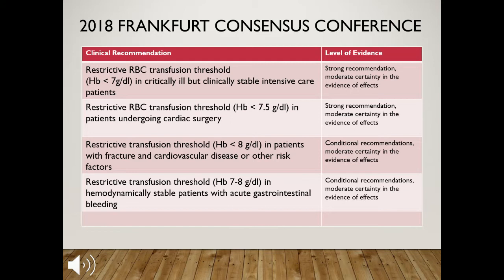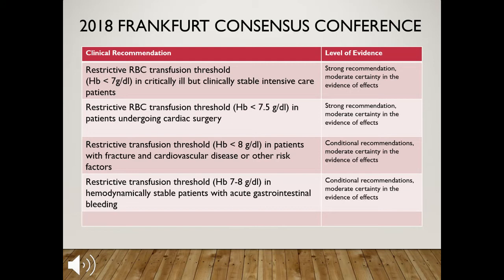So, for critically ill but clinically stable patients in the ICU, the transfusion threshold is less than 7 grams per deciliter, and that is based on strong recommendations by randomized clinical trials. For patients undergoing cardiac surgery, a restrictive RBC transfusion threshold is also recommended, with a hemoglobin of less than 7.5 grams per deciliter as a threshold.